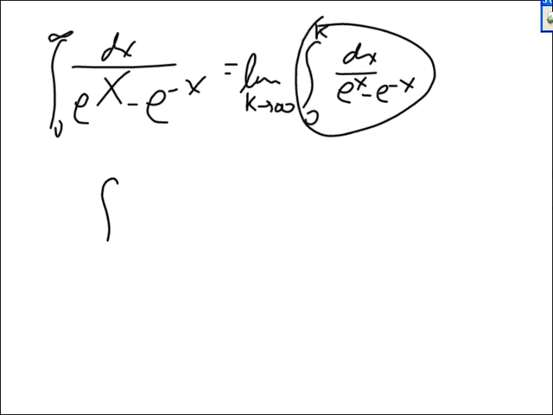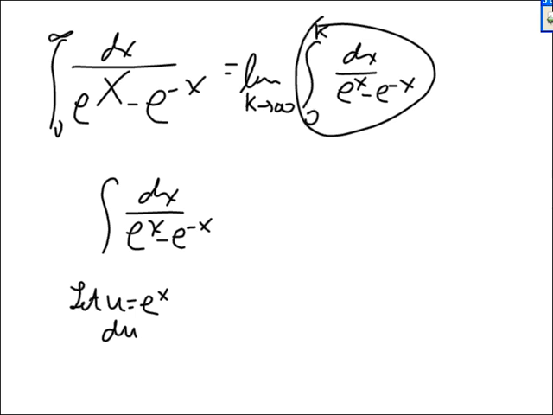Now, how you integrate this one, that's probably interesting. Maybe the first thing I would do is let u equal e to the x, so then du will be e to the x dx. If I divide both sides by e to the x, I get du over e to the x equals dx.